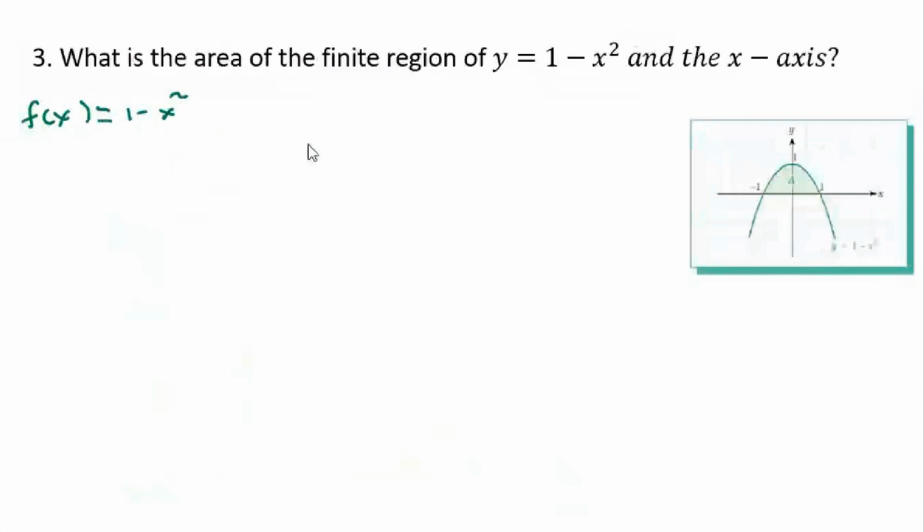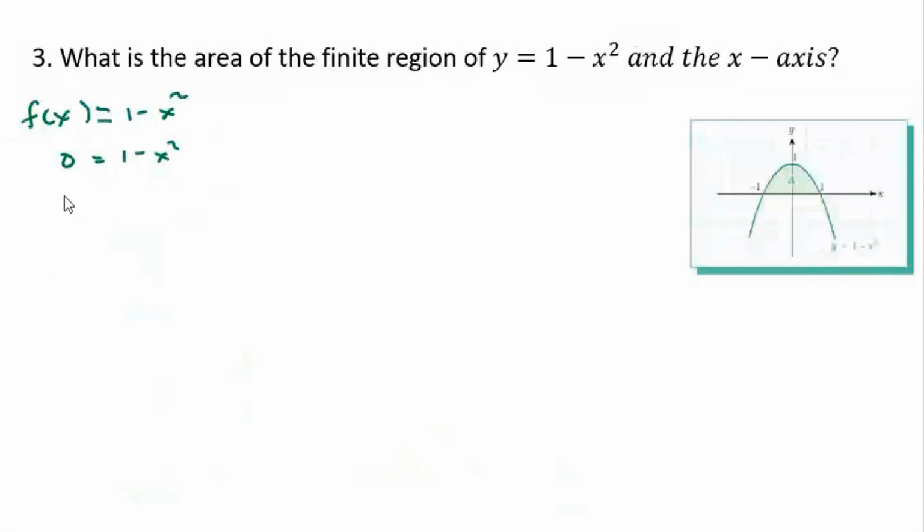From the given equation of y equals 1 minus x squared, I just write it first in terms of f of x because we know that y is equal to f of x. So we have f of x equals 1 minus x squared, and you let this one be equal to 0. So I can write 0 is equal to 1 minus x squared, then solve for x.